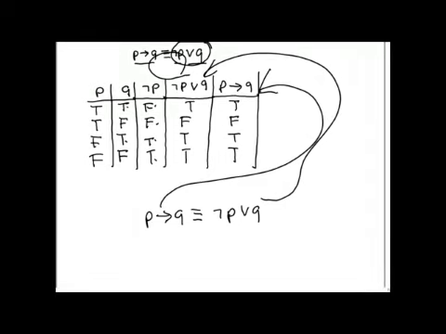We notice that this is true and this is true at the same time: true, false, true, true, and then true, true. So that proves that they are logically equivalent because they have the same truth value in each row.